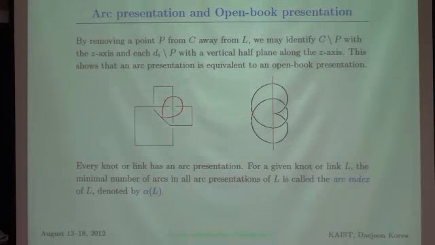This picture shows the conversion of this definition to the usual definition of arc presentation. By removing a point P from this axis, which is away from L, so if I remove a point on the red curve here, we identify this axis minus the point P with the z-axis, and each disk d_i with a vertical half plane along the z-axis.